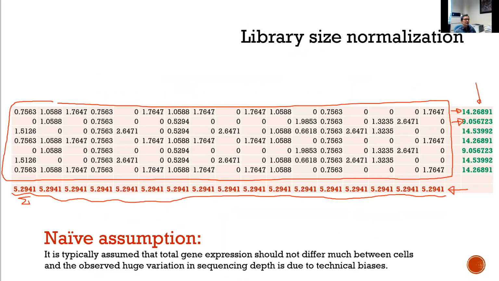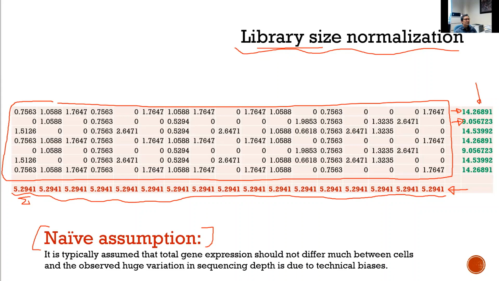After scaling by the library size, this normalized matrix will be ready to use for downstream analysis, such as comparing mean expression of the gene between genes. Again, I'd like to emphasize this naive assumption, although we use this a lot. There are some problems associated with that.